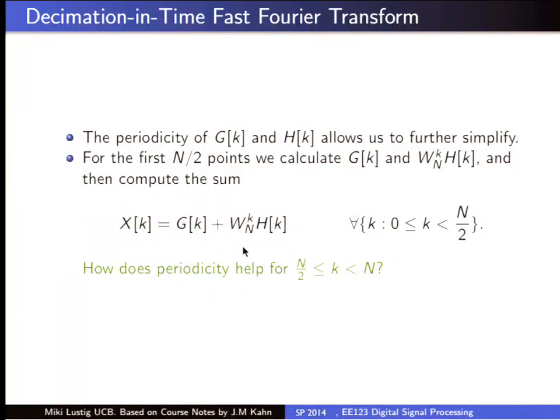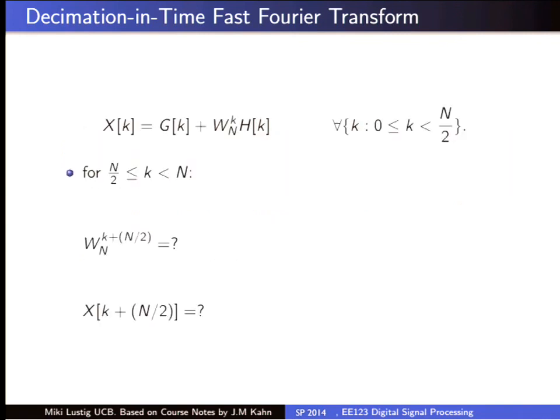Well, let's look if there's structure in w sub n to the power of k. If there's structure there, maybe things are going to be nice and sweet. Take a look at this. For the second half, for k bigger than or equal to n over 2 till n, the question is, what is that?